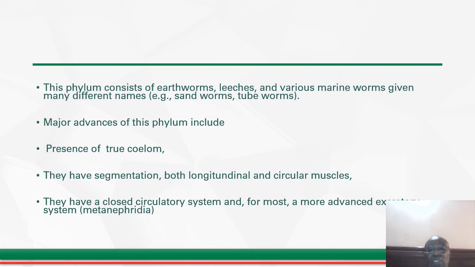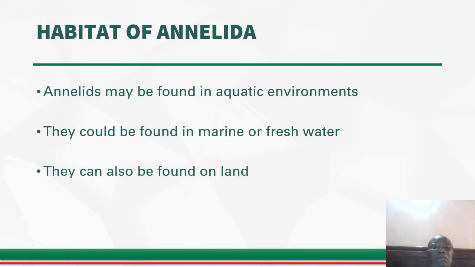For most, a more advanced excretory system, which we call metanephridia, is found in the group. Where do we find members of Annelida, that is their habitat. The annelids may be found in aquatic environments, marine or freshwater, and they can also be found on land. So they can be found both in water and on land, where the environment is damp or wet.